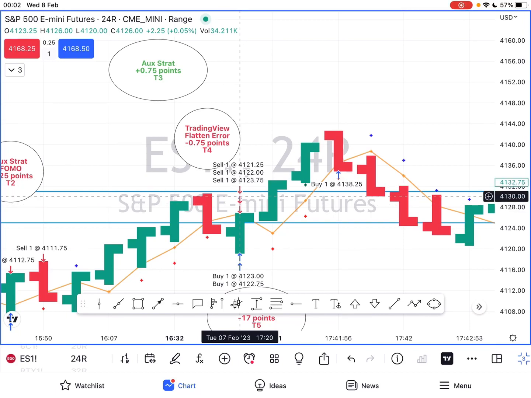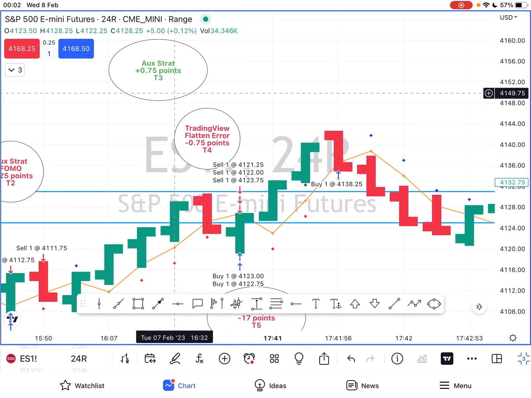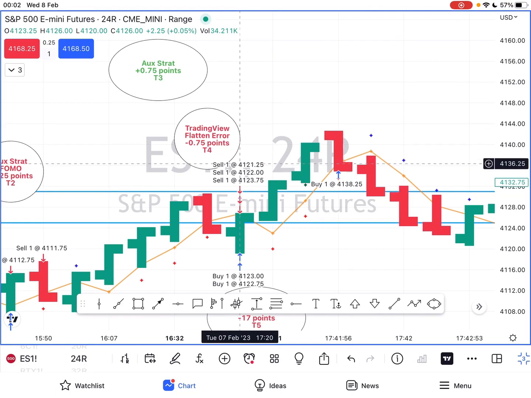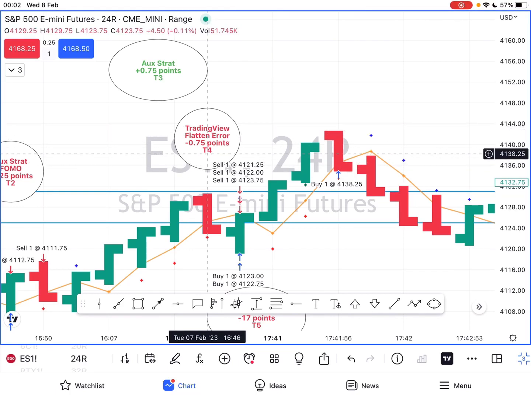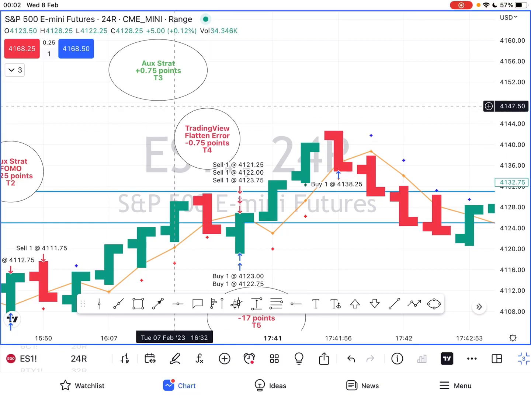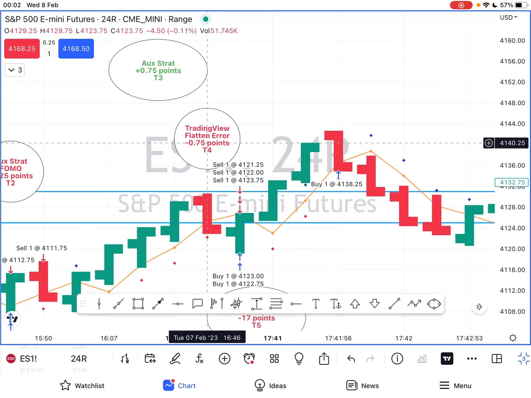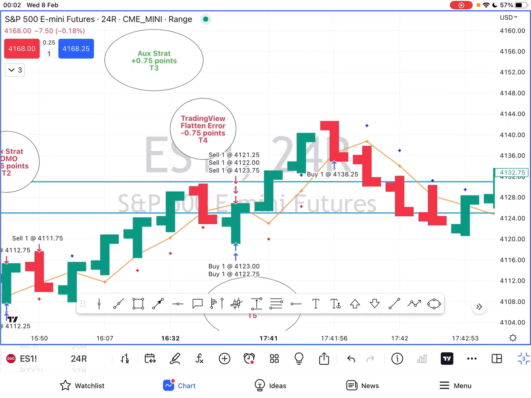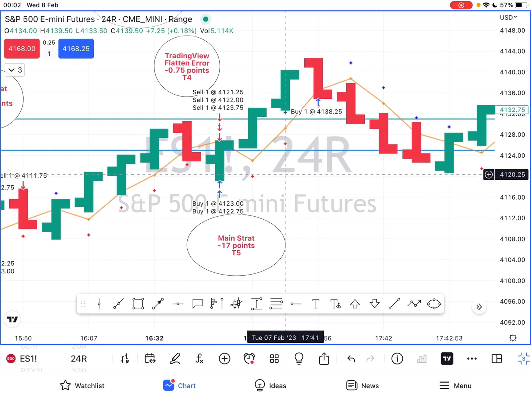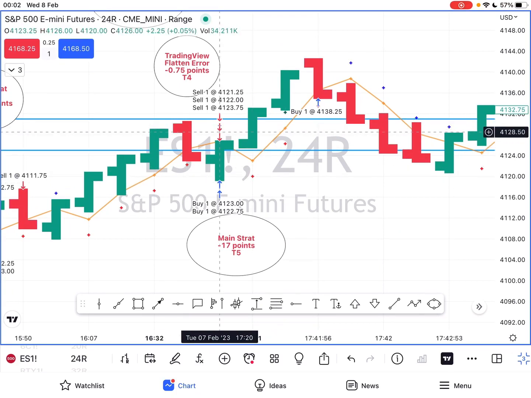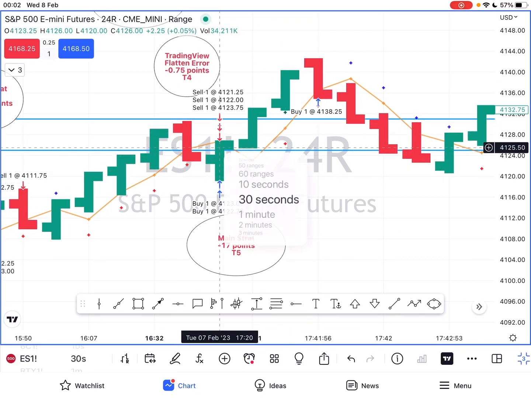In getting out of the market, we hit the flatten button on TradingView, and for some reason, even though it closed the position at which I wanted to, it put me into a long position. I didn't want to be in a long, so I got out of the position. This very next trade, where I've lost 17 points, was a short on the main time frame.